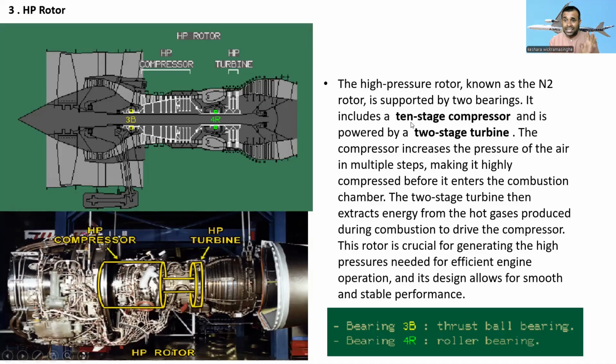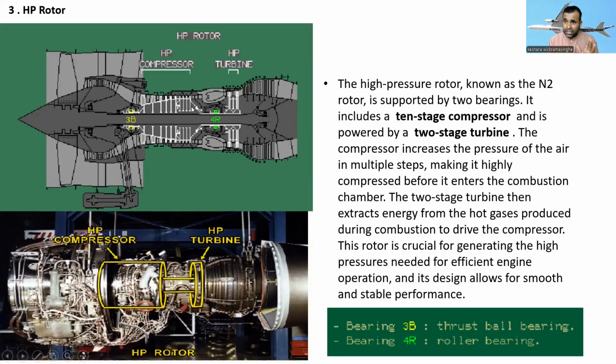It includes a 10-stage compressor and is powered by a 2-stage turbine. In the high pressure compressor, there are 10 stages of compression, and in the turbine only 2 stages.